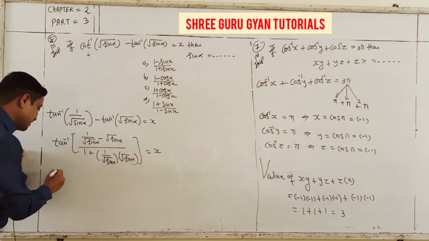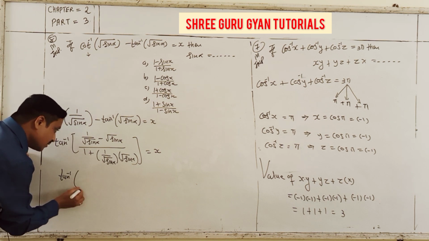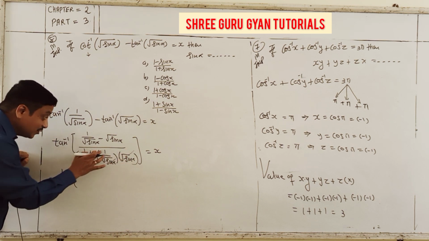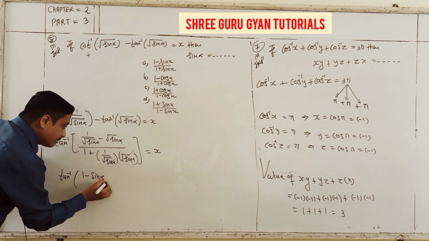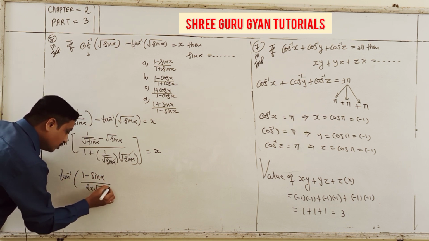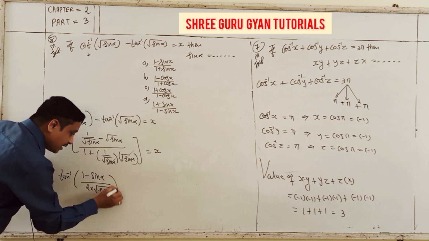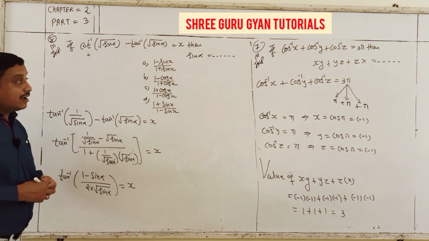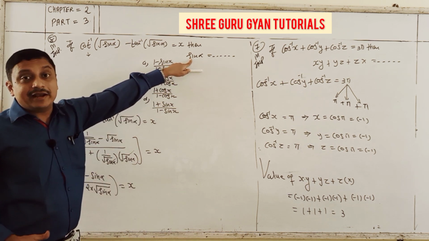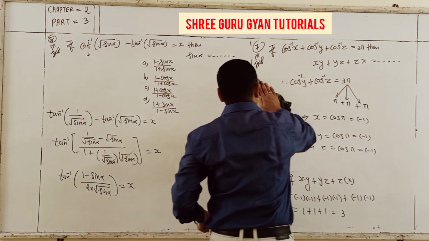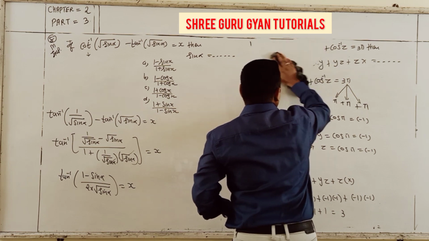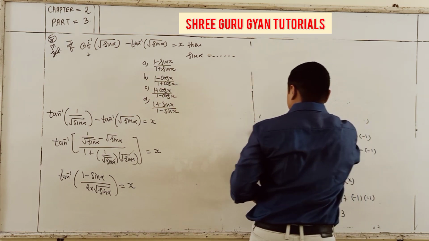And now you take the LCM. This cancels permanently. That is 1 and 1, 2, that is multiplied. So 1 minus sine alpha by 2 under root sine alpha, and it is equal to x as it is. My target is to achieve sine alpha, students. So up to here I have dissolved it in terms of sine alpha.